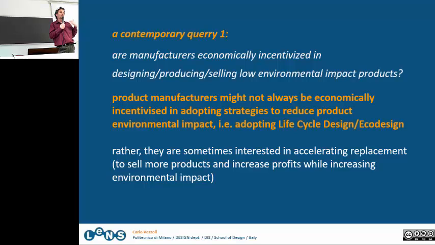So they design products that don't last that long, so that they are able to sell a new product again in a while. Think about the mobile phone you have in your bag, how long it lasts. But this is not the only case. This is because they have a turnover, right? They can sell another one after a while, and other things.